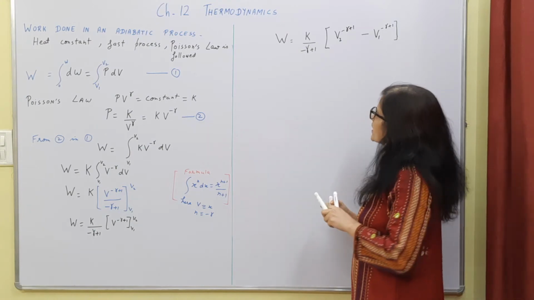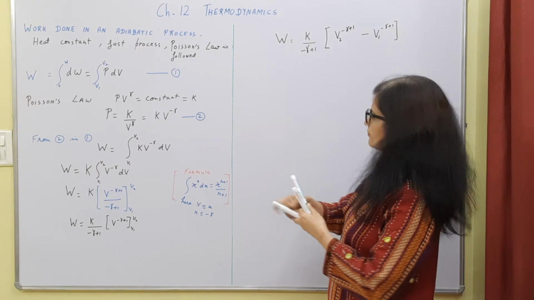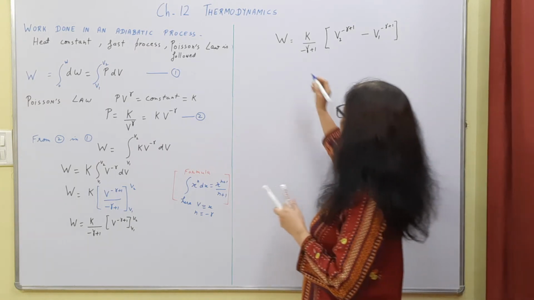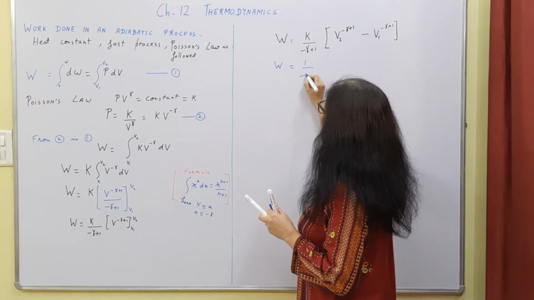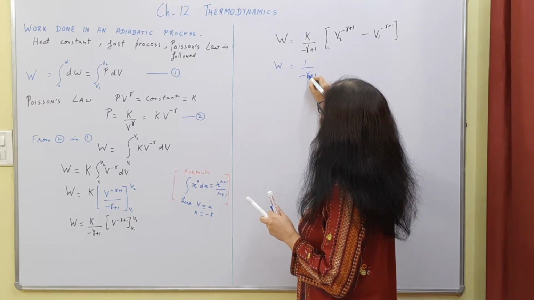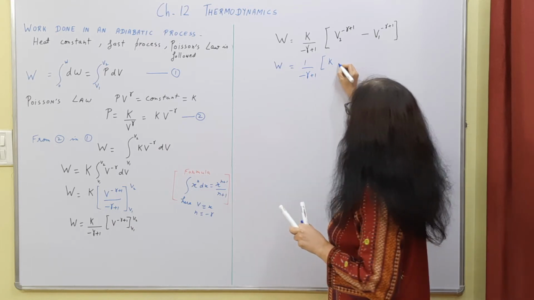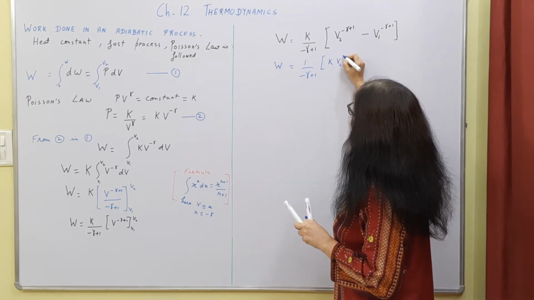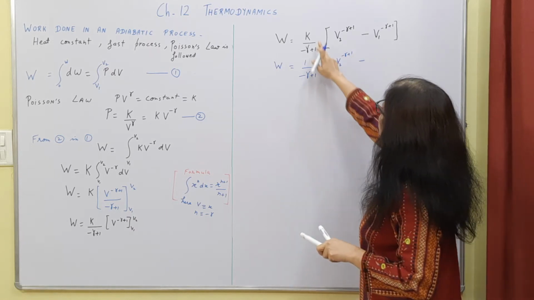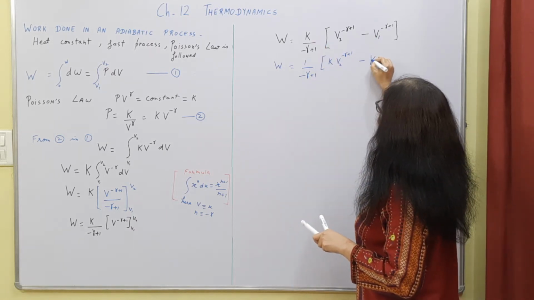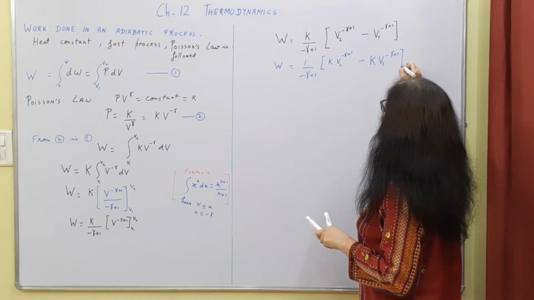Now in the next step, we can multiply this K inside the bracket. What will happen? 1 by minus gamma plus 1, and K can be written with V2 to the power minus gamma plus 1 minus K with V1 to the power minus gamma plus 1.